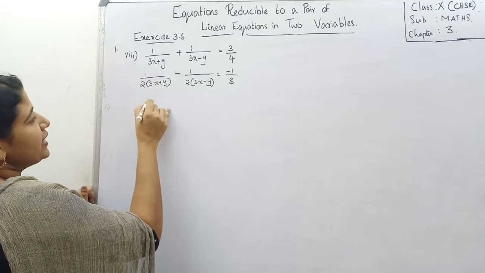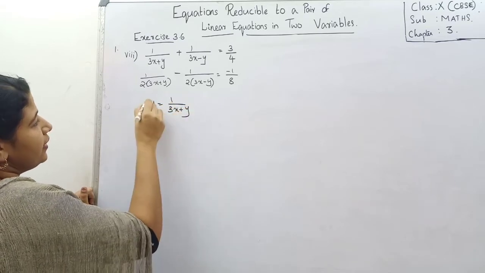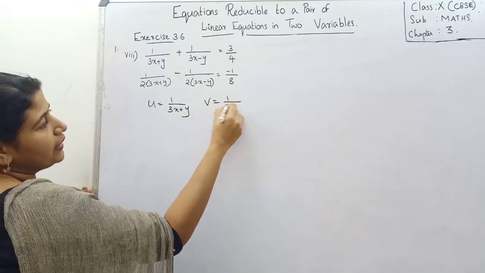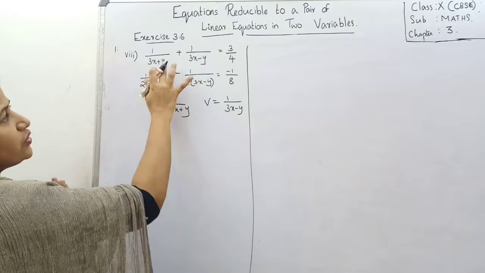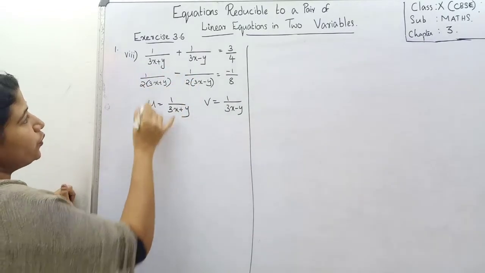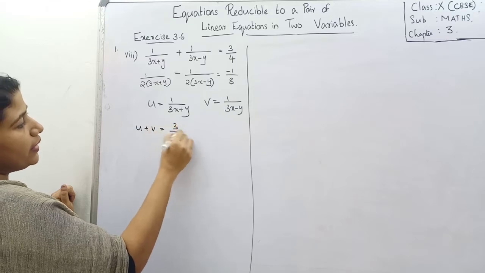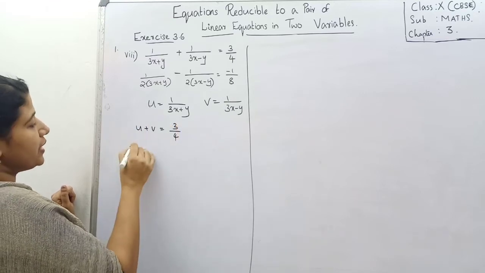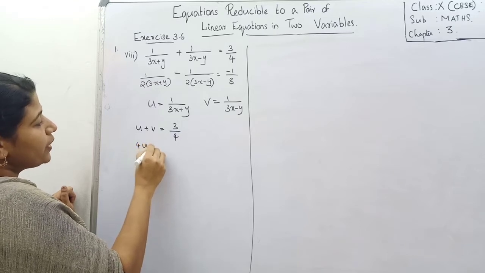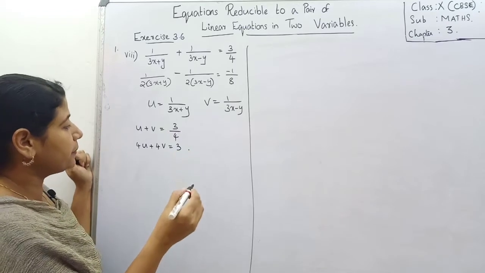So we take u equal to 1 by 3x plus y and v equal to 1 by 3x minus y. We can change these two equations into u plus v equal to 3 by 4, or we can cross multiply, taking this 4 to this side. You will get 4u plus 4v equal to 3.